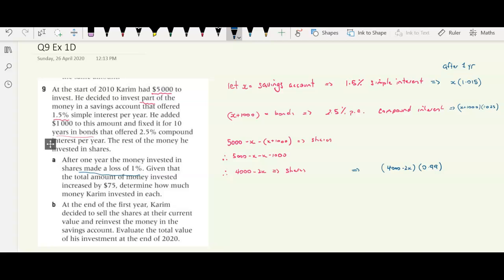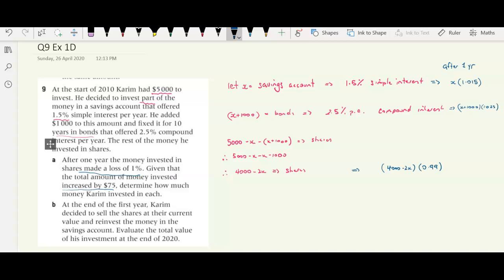Okay, so these amounts here have to sum to an increase of $75 on what Karam started with, which was 5,000. So it's now worth this plus this plus this. These three expressions here, they're going to sum to 5,075.